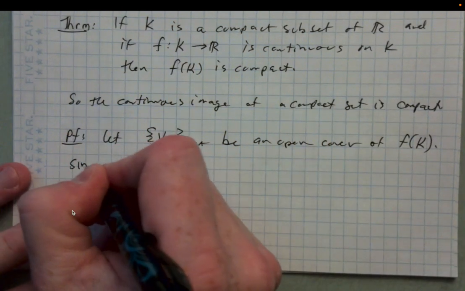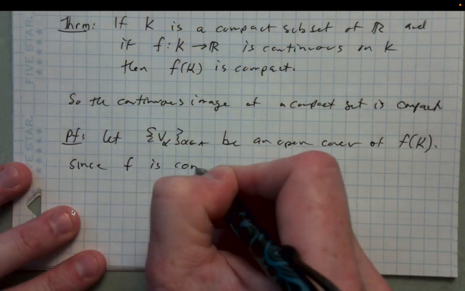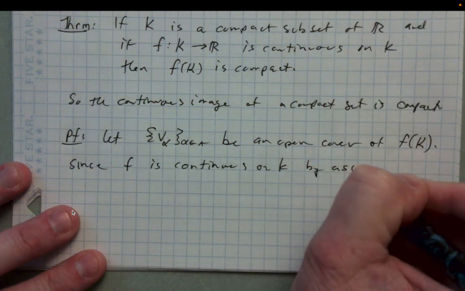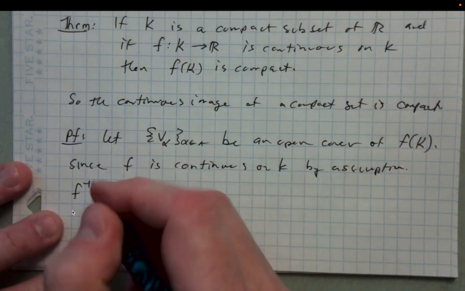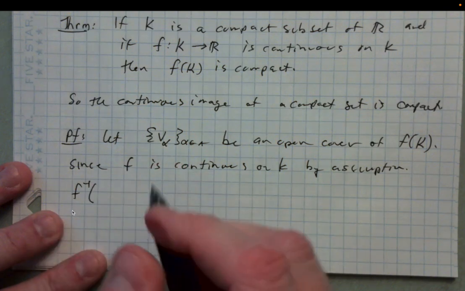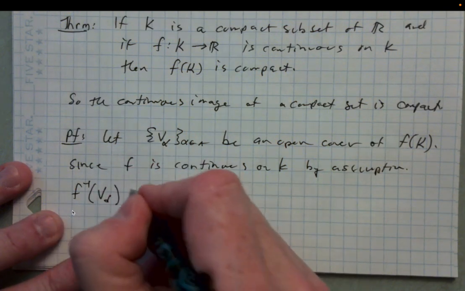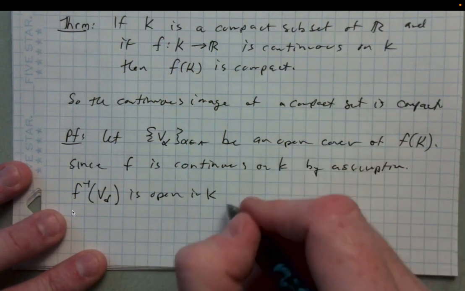Since f is continuous on K by assumption, we can say that the inverse of V alpha is open in K for every alpha in A. Right?